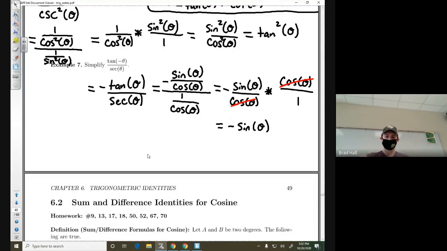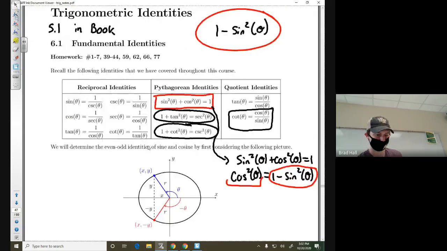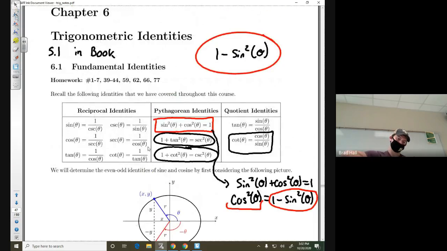So again, 6.1 and 6.2, which are definitely chapter 5 sections. I'm going to do 5.1 in the book, as I wrote up at the top here. So this one's 5.1 in the book. We're skipping 5.2. It looks horrible, so don't even look at 5.2.